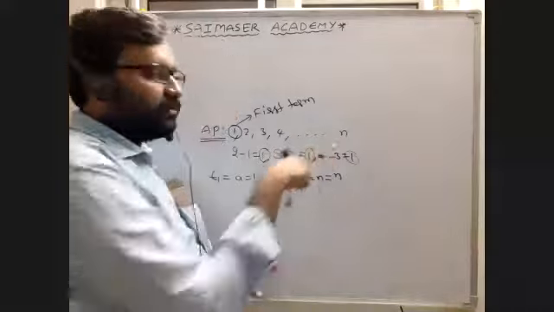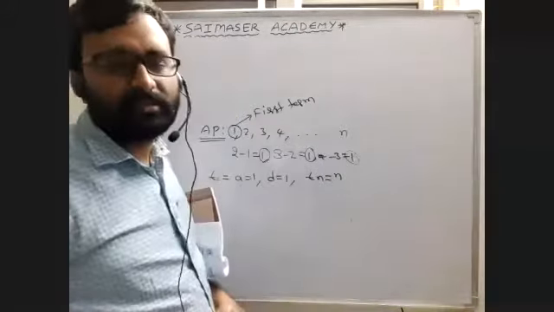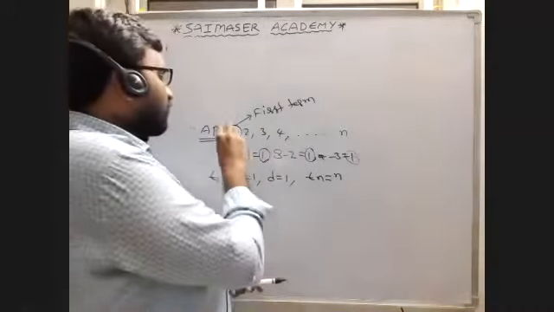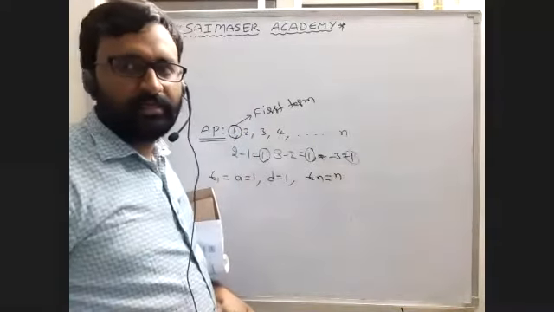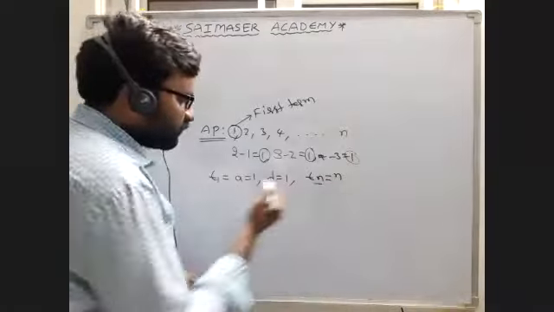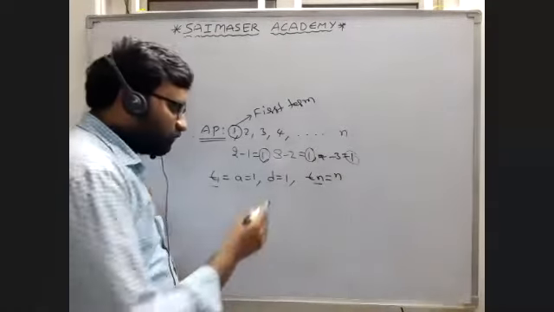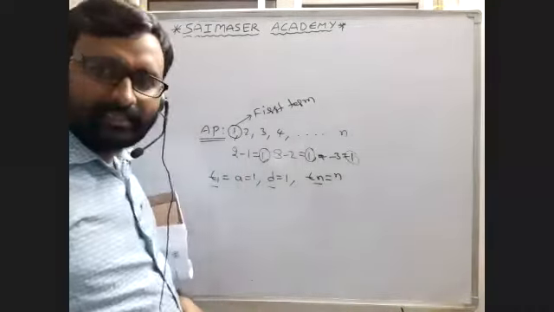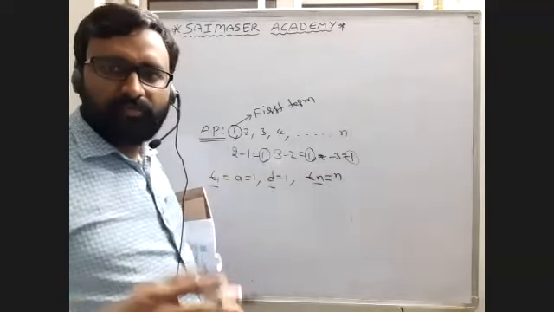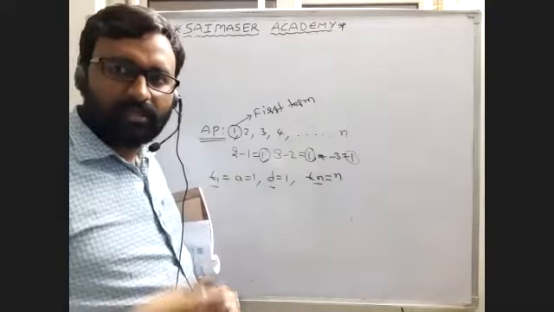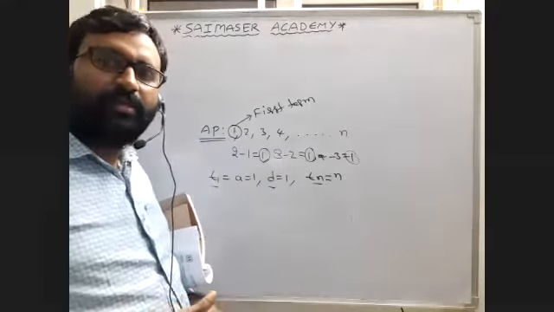For a general AP series, the last term is different. If you change the progression, you will get a different nth term. So Tn is the nth term, T1 is the first term, and the common difference is d, here 1. The general AP series is a, a plus d, a plus 2d, a plus 3d, and so on.